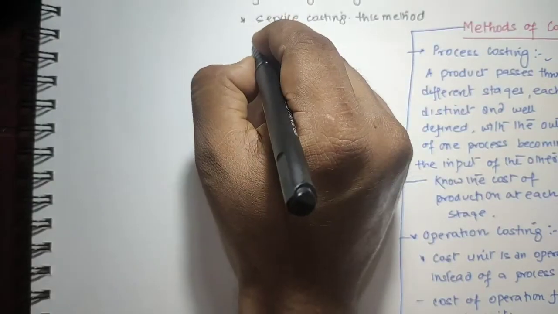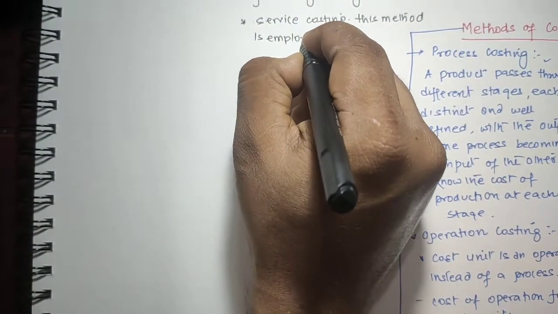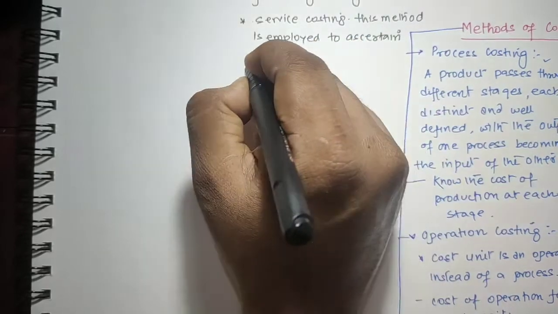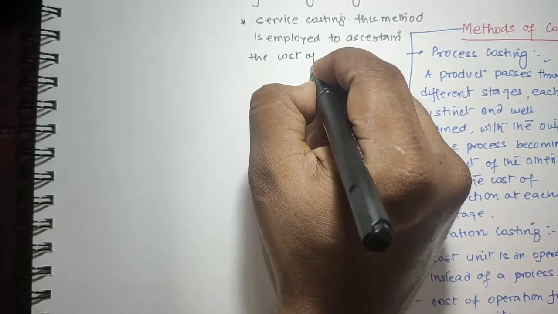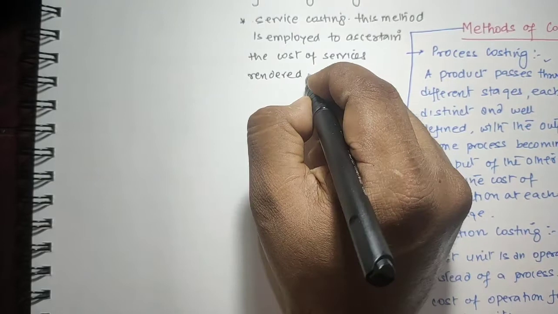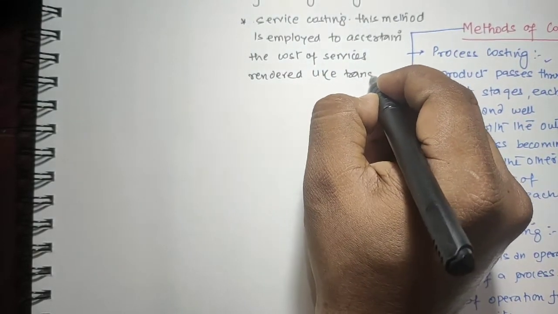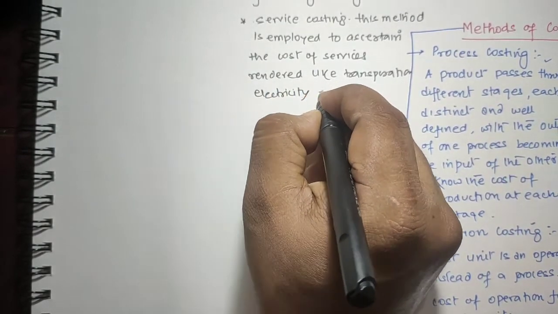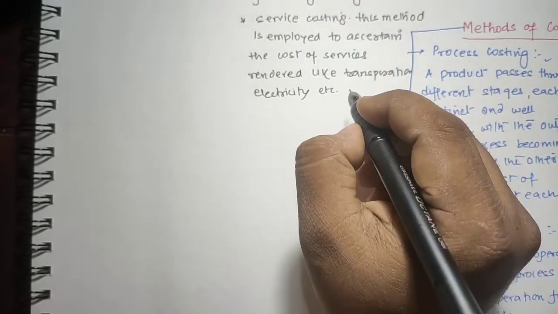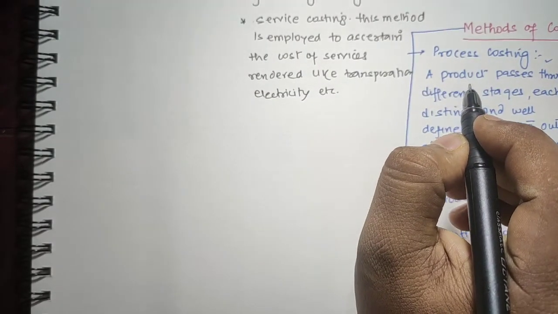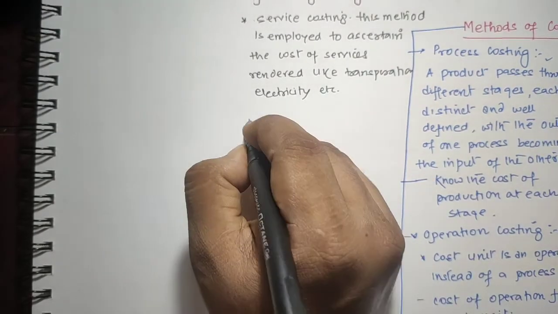This method is employed to ascertain the cost of services rendered like transportation, electricity, etc. And the total expenses regarding this operation may be divided by the number of units appropriated.